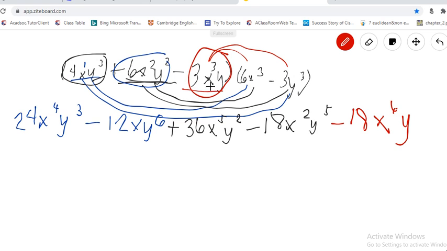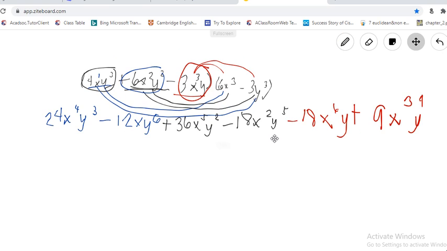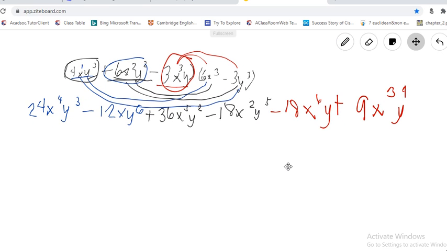So that is negative 3x cubed y multiplied to negative 3y cubed. So these are both negative. So our answer here will be positive. So that will be positive 9x cubed y raised to 4. Okay. So I hope that is clear.